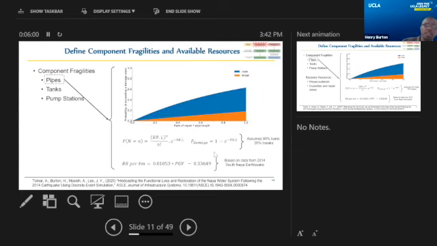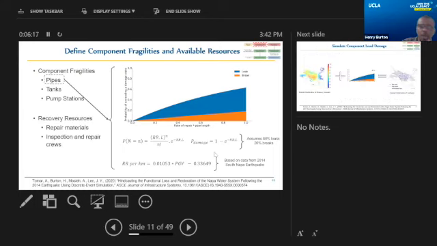For the pipes, we were able to develop our own fragilities using the data provided to us by the Napa Water Division on the distribution of damage to the various pipes. For tanks and pumps, we relied on prior sources, like HAZUS and things like that, to come up with those numbers.